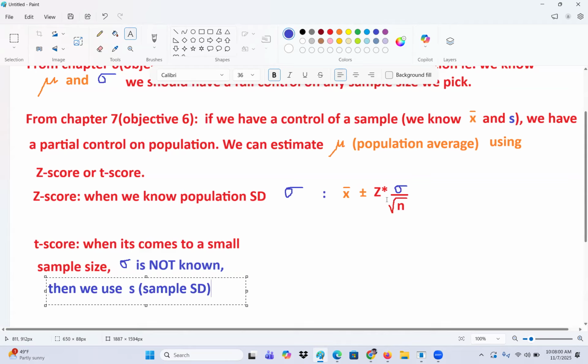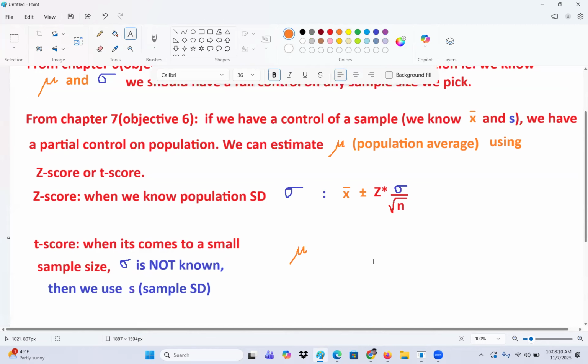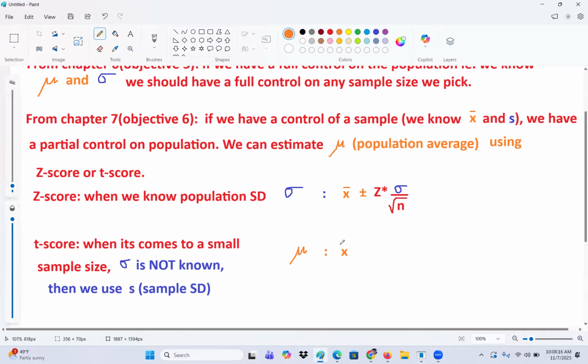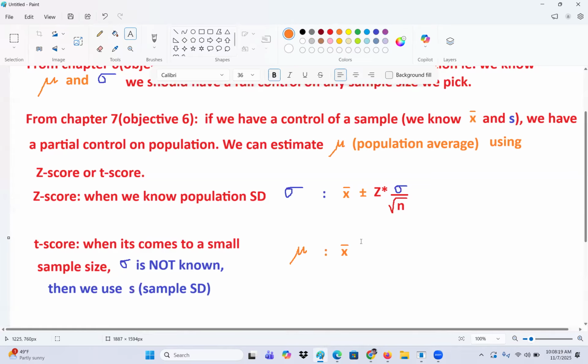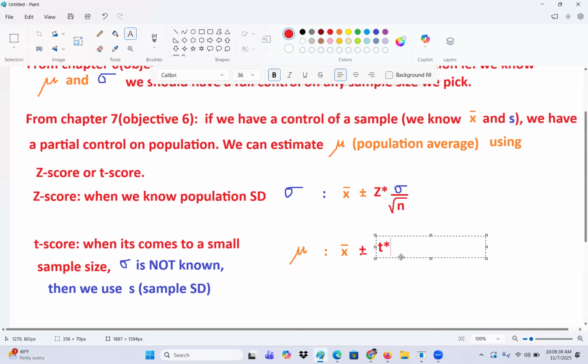Then the estimate can be computed by X bar plus and minus t times S over radical n.